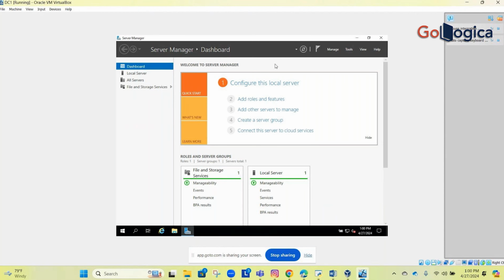You can check our yesterday session. You can click on add roles and features and do that activity. You can easily understand it from the yesterday session. That is your task: to create your Active Directory. Then you are supposed to create the users and all.